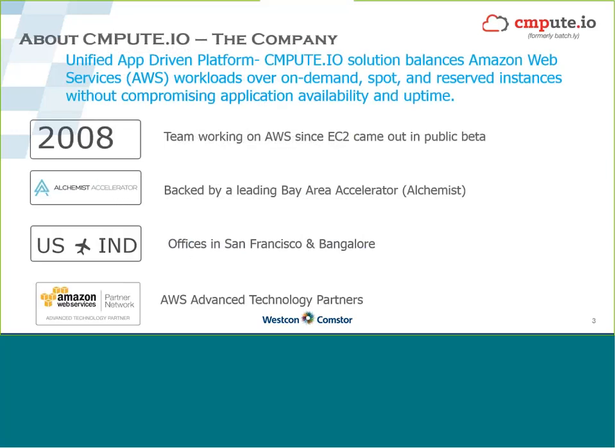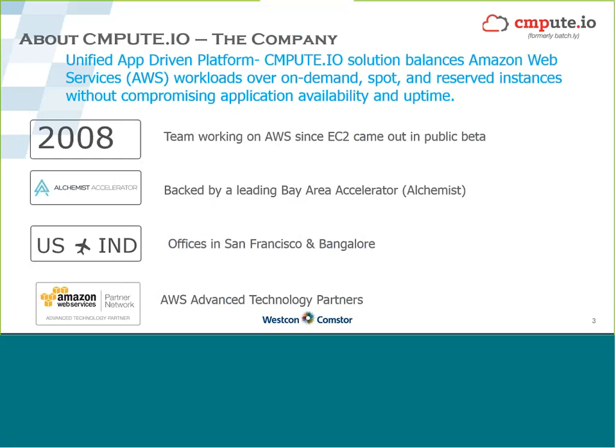So about the company, Cmpute IO has been working with AWS since 2008. So they're not just a startup company, they've been putting a lot of work into this service. They are financially backed by a San Francisco company, a fundraising company called Alchemist Accelerator, a large fund sourcing company in the States.